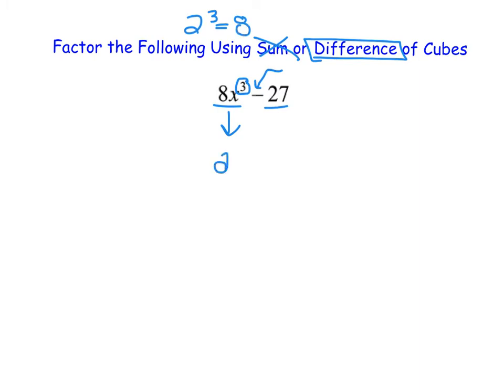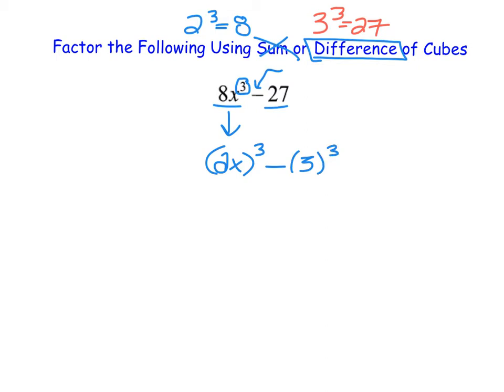So I know that if I took 2 and x and cubed them, well, 2 cubed is 8 and x cubed is x to the third, I would end up with 8x to the third. Then from here, I check 27, and I know that 3 cubed is equal to 27. So 27 can be rewritten as 3 cubed.